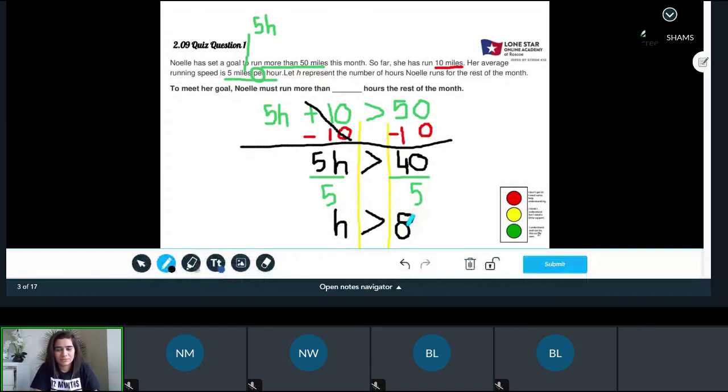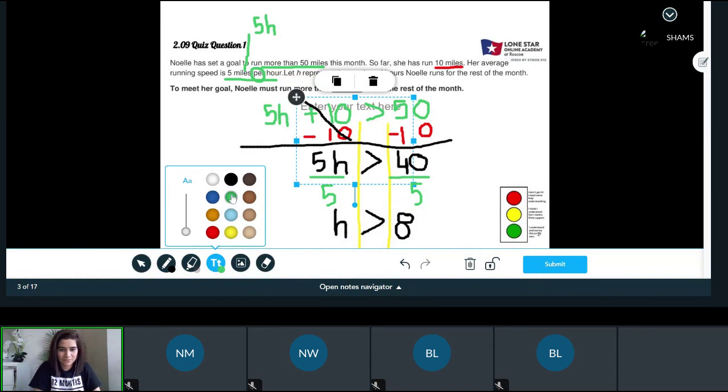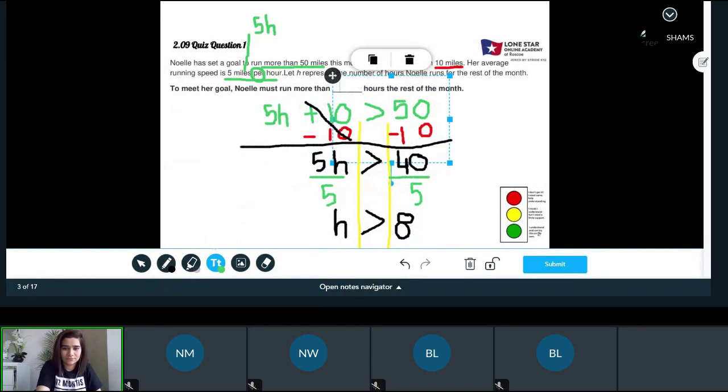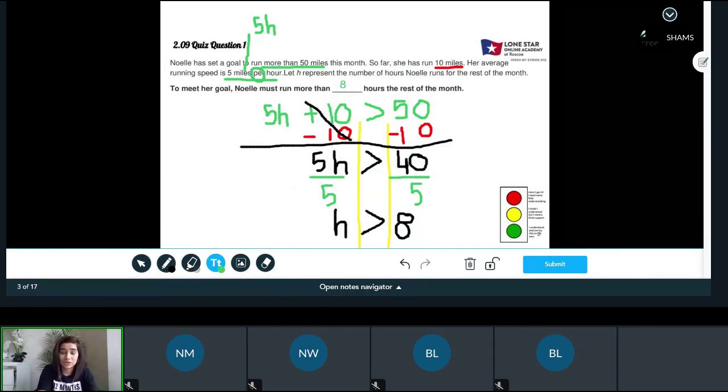So 8 represents the number of hours. If you answer this problem in a sentence, that's how the quiz looked. You had to put in a number over here. I would probably say 8, right? To meet her goal, Noel must run more than 8 hours the rest of the month.